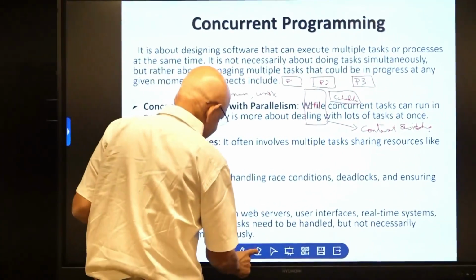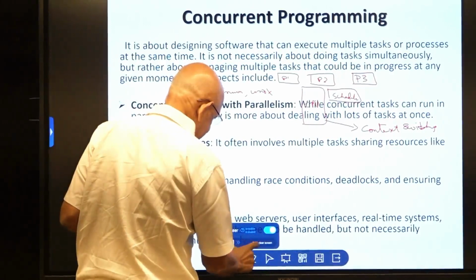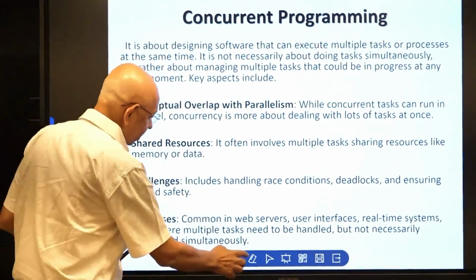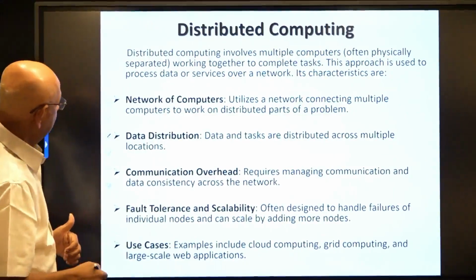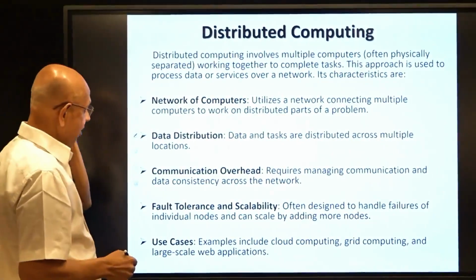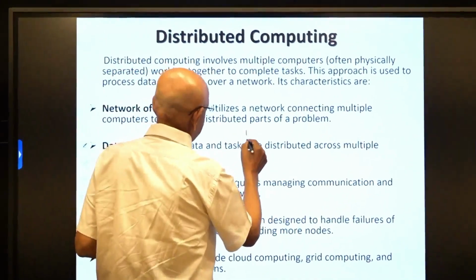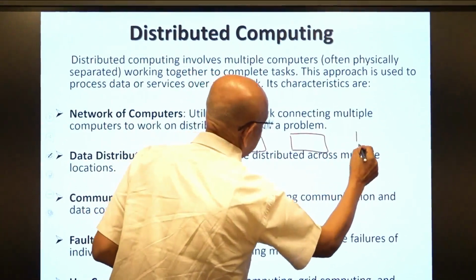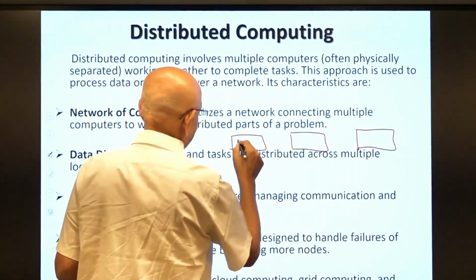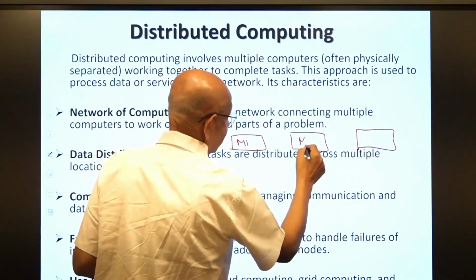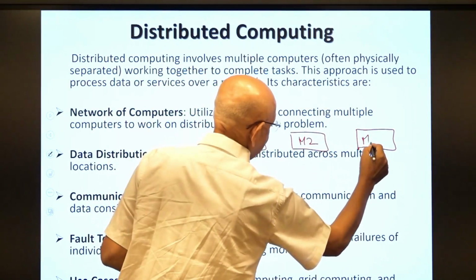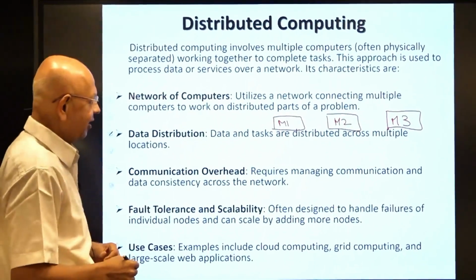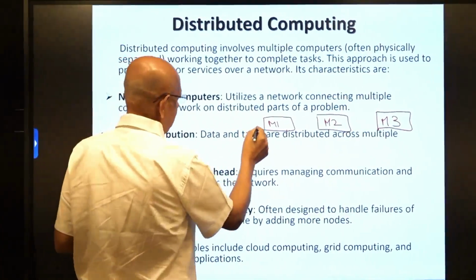So having seen that, let's look at the third style of programming and see how that works. Let's look at how distributed computing works. In distributed computing you would have a bunch of machines. These are different machines. Let's call this M1, M2, M3.